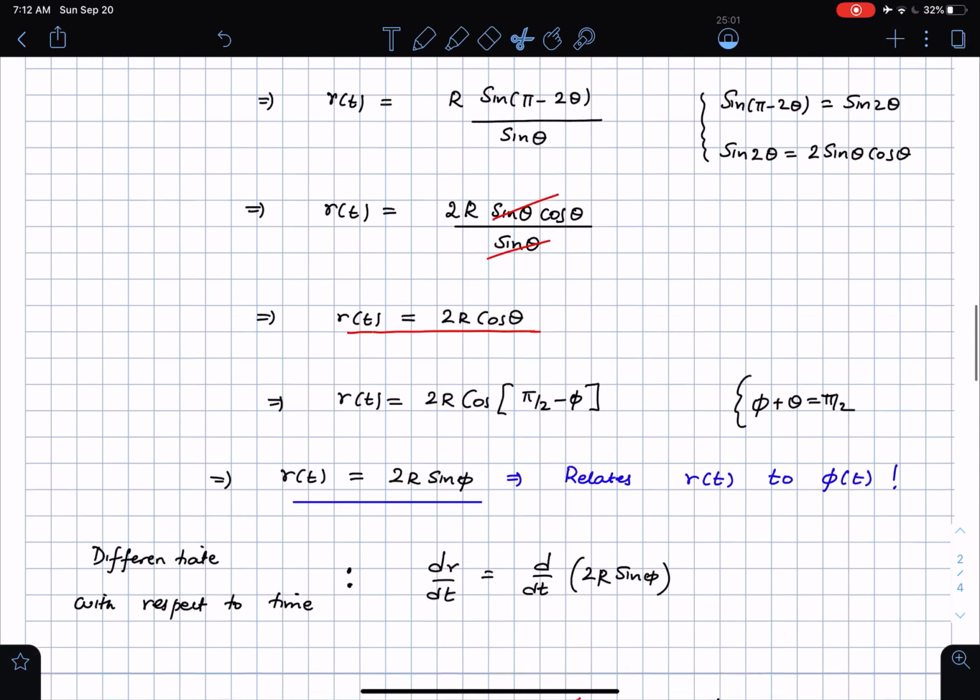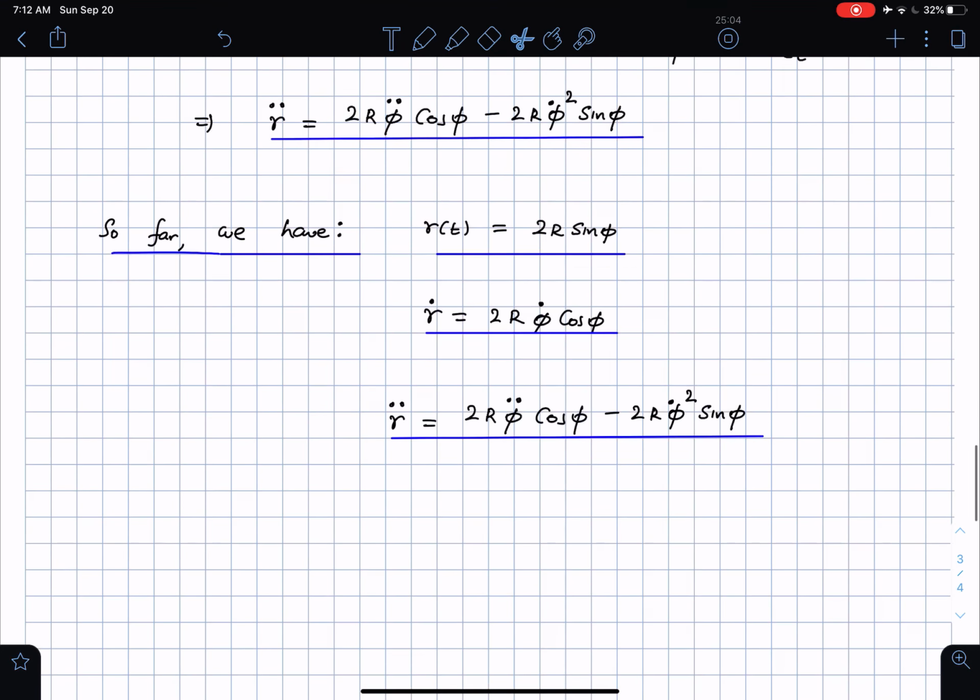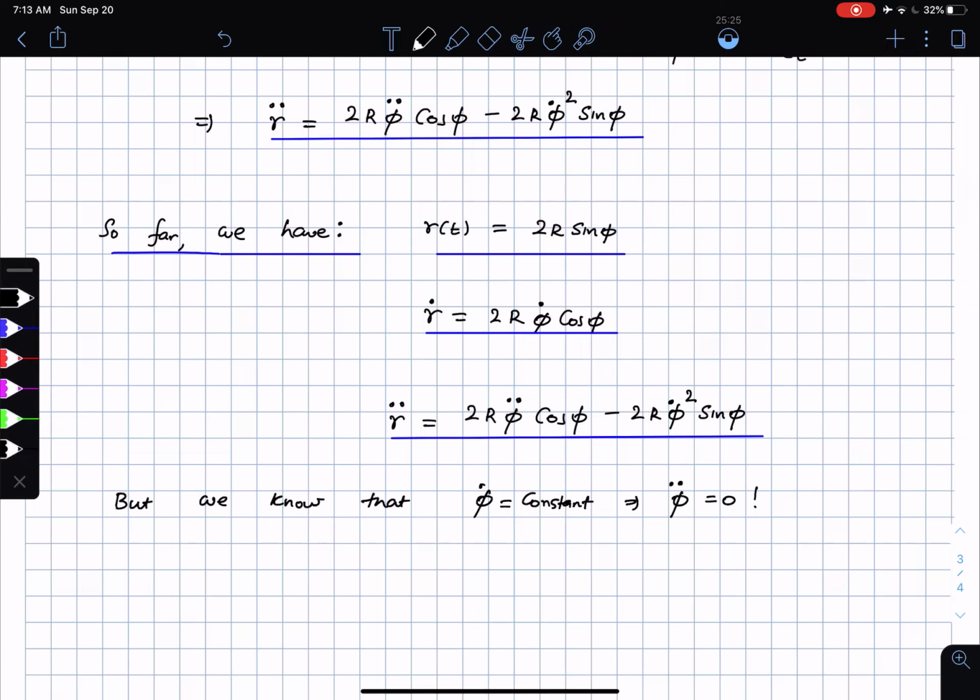Okay, so this is what we have so far, but we know that phi dot is a constant, which means that phi double dot is equal to 0, which means that I can get rid of this entire term here.